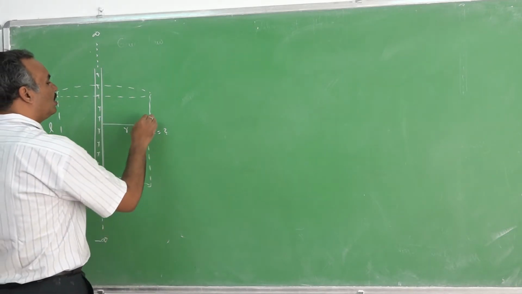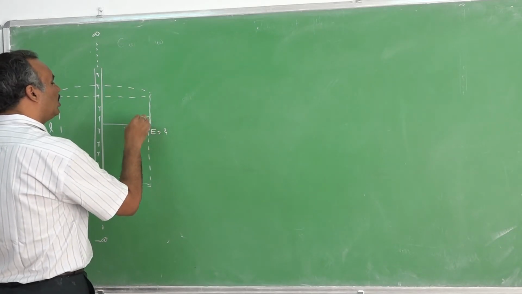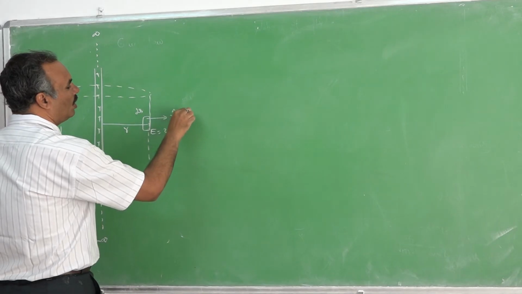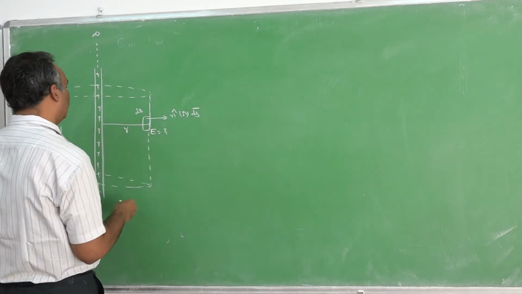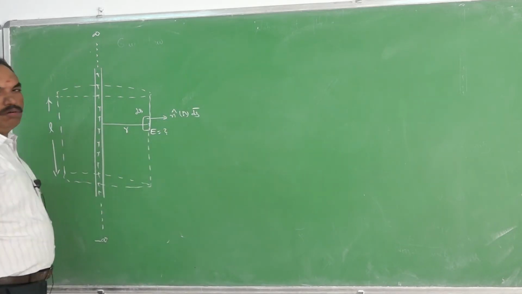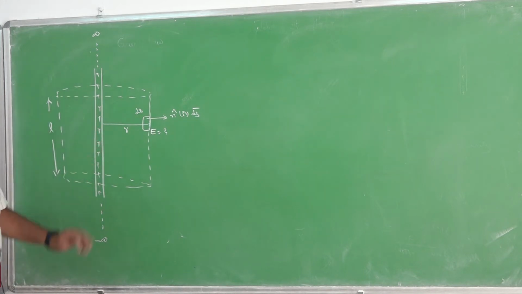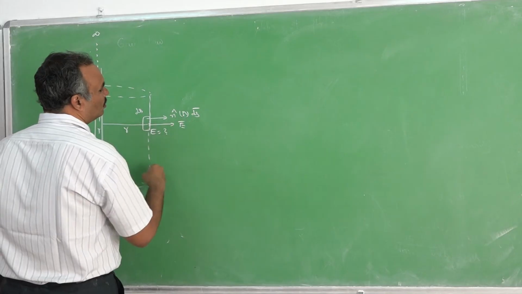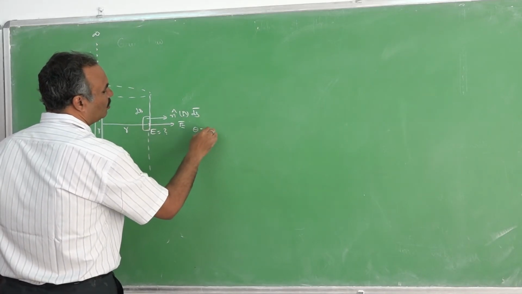In order to calculate this, I need to consider a small elemental area ds, whose normal vector n cap over r ds bar will be like this. Electric lines of force will go perpendicular to the linear charge, hence the electric field strength vector will be like this. The angle between them, theta, is 0 degrees here.